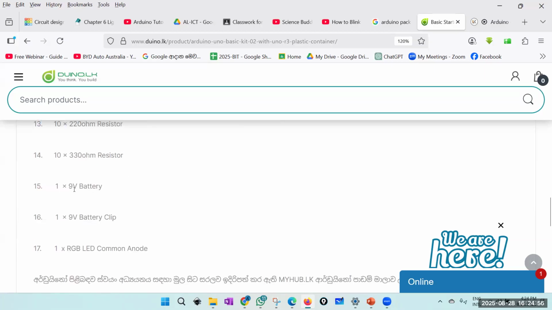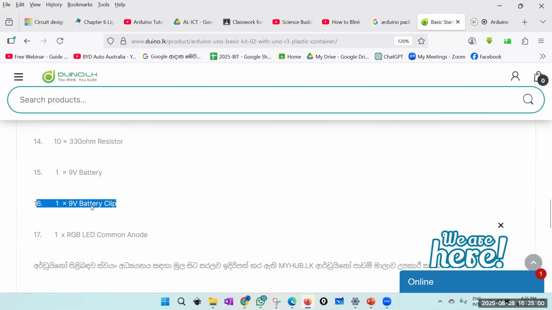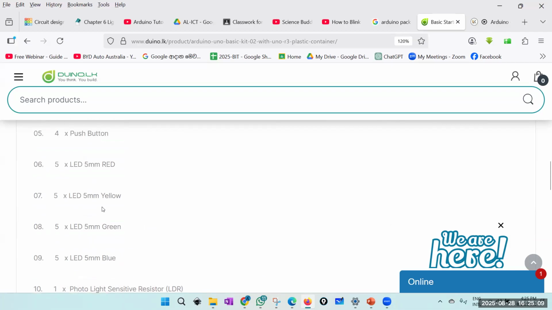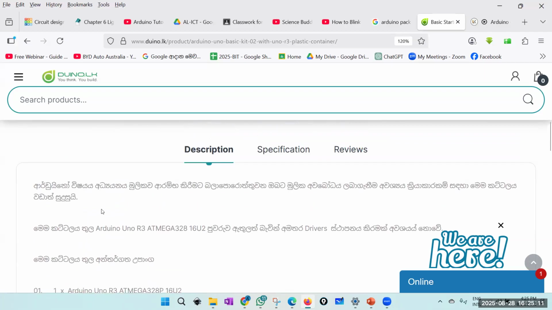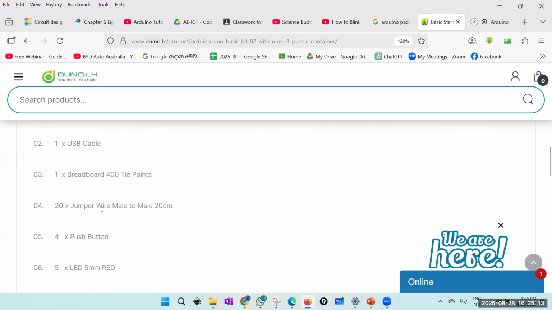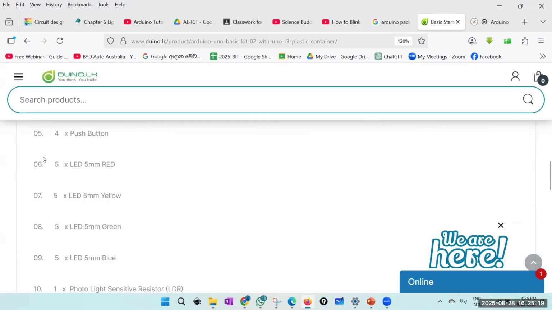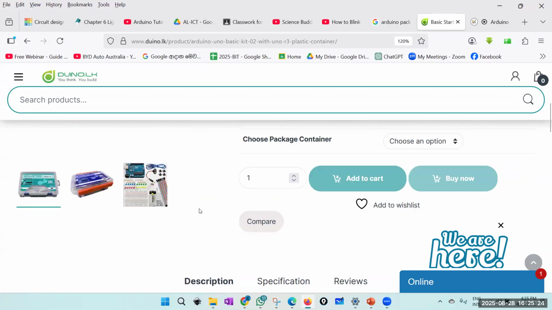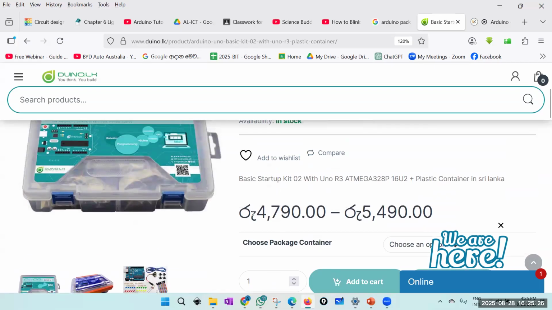And a 9-volt battery, that I just showed you, with battery clip, and some more LEDs. This is very basic. I don't recommend this one. Actually, you need a few more sensors if you want to do more serious stuff. But anyway, it's also fairly okay.